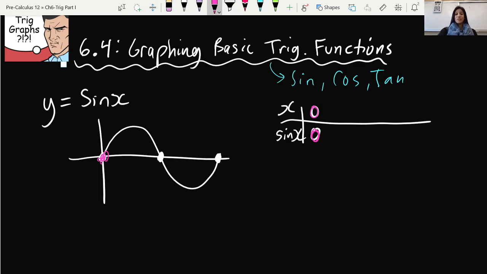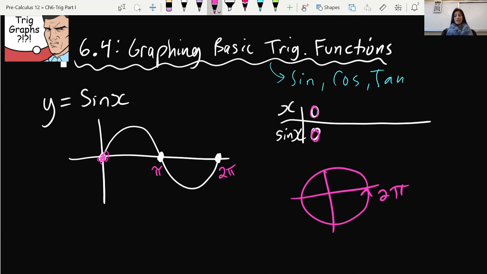Okay, and then for the next one, I could do this graph in terms of degrees, but oftentimes when we're graphing it this way, we want to use radians. So this is halfway through, that's going to be pi, and a full cycle would happen at 2 pi. Just to remind you, this is like going a full rotation on our unit circle, but we're looking at it chopped in half. We're looking at the side perspective of what's going on here.